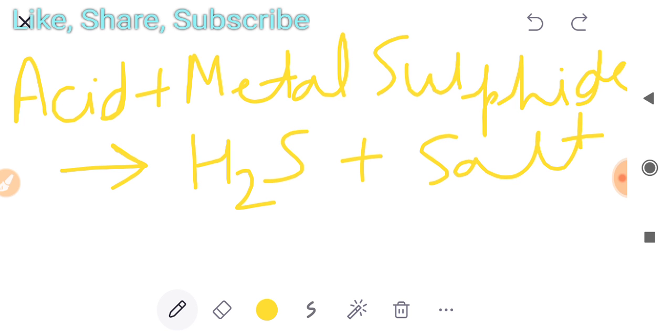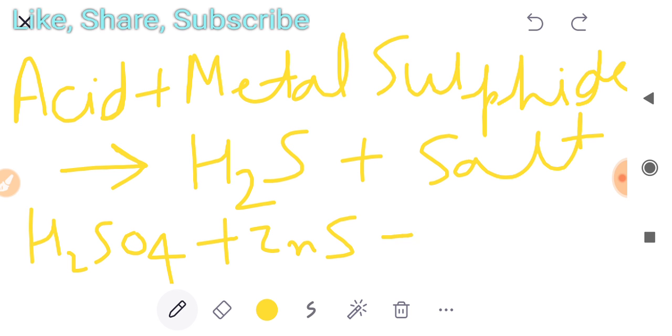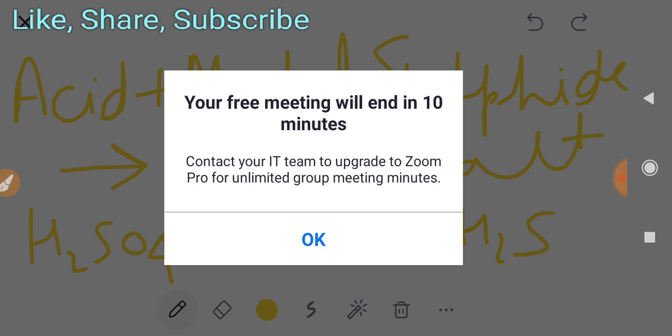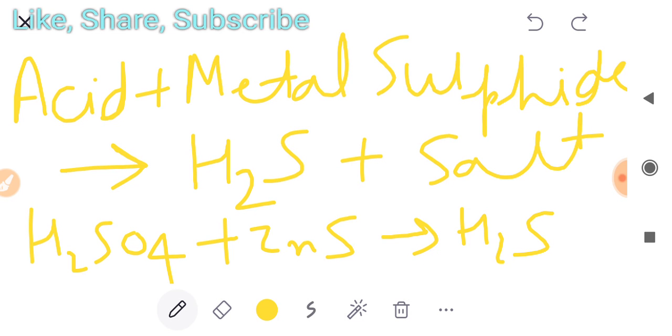So the reaction will be written as H2SO4 plus ZnS, suppose zinc sulfide is here, so it forms H2S, and the salt will be ZnSO4. So these are the acidic properties shown by the dilute H2SO4.